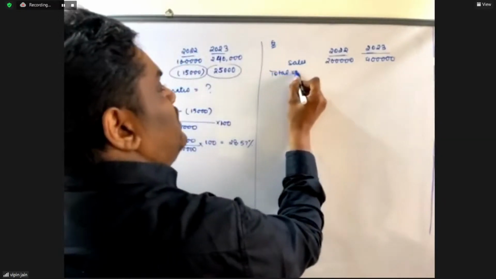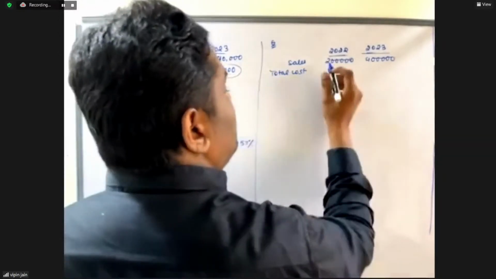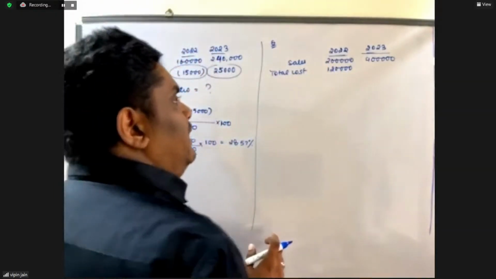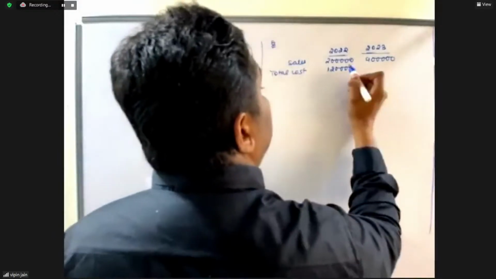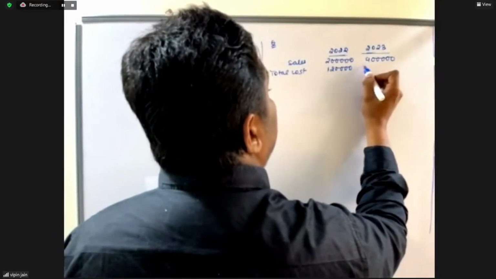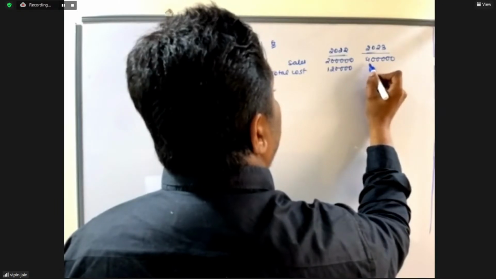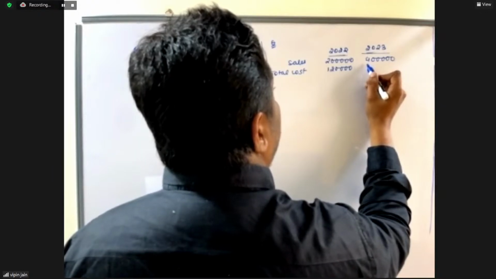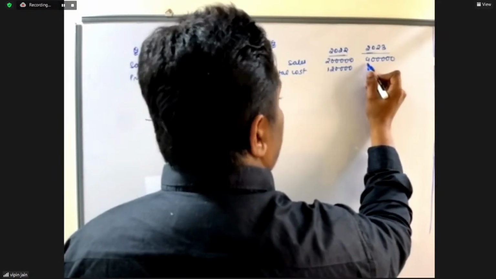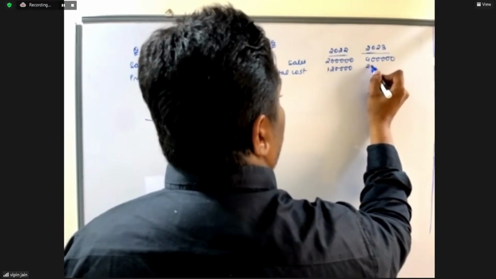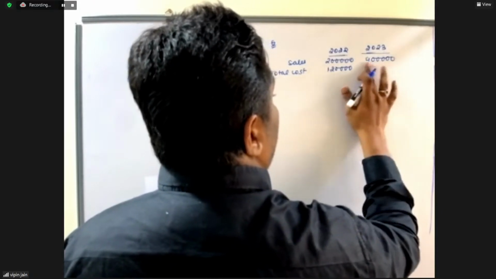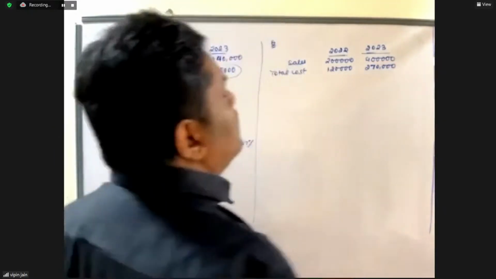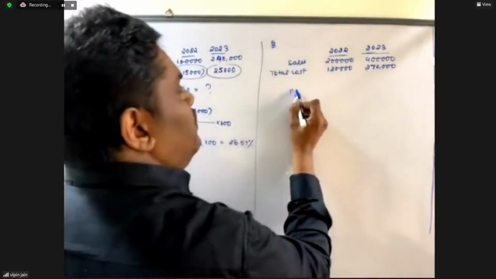Further, let's say my total cost is 1,20,000 and 2,70,000. You have to calculate PV ratio.